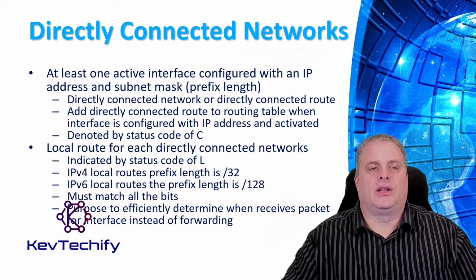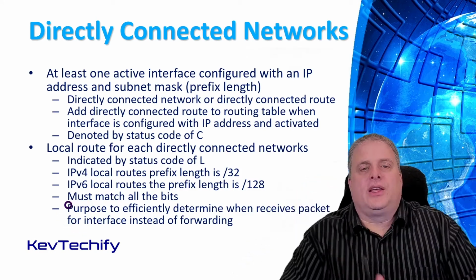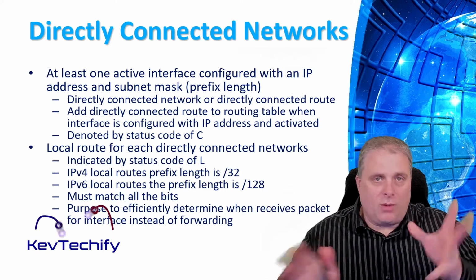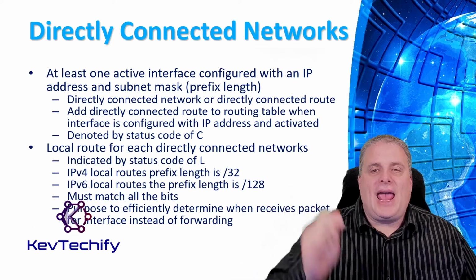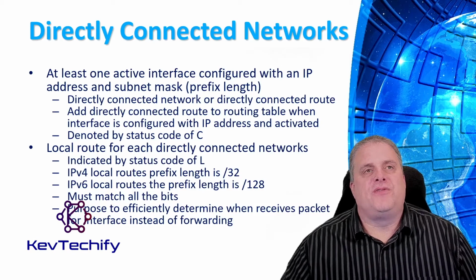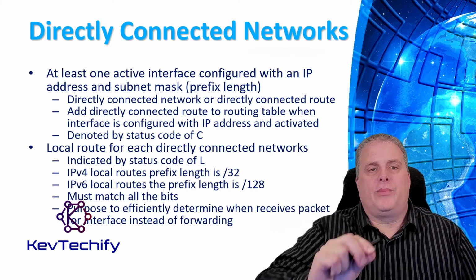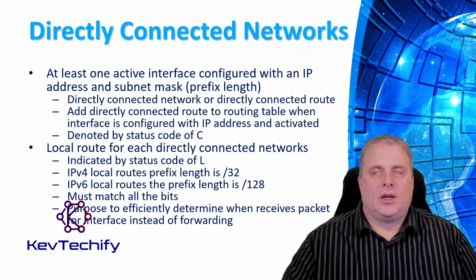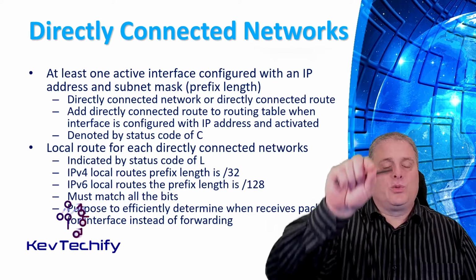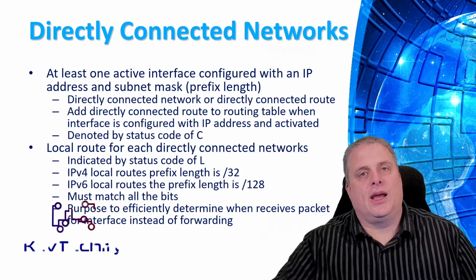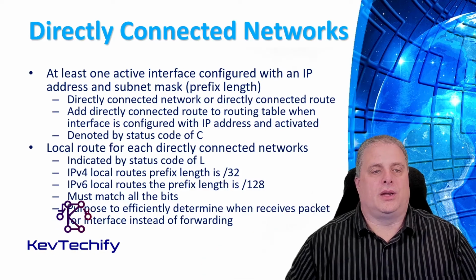That directly connected route is added right when that interface is configured and activated. The operating system adds that into the routing table automatically. And if you look at the routing table, that's where you have the C for that connected network. It's directly connected to me.